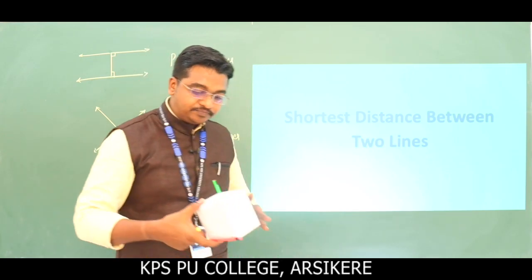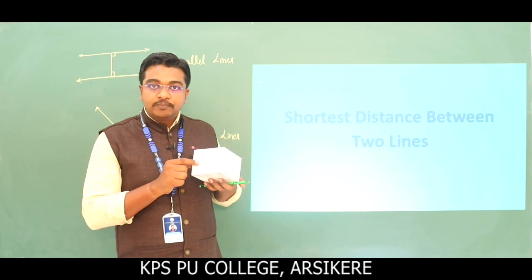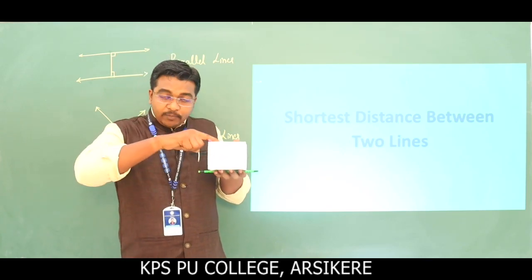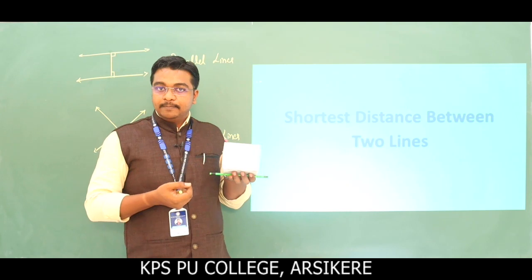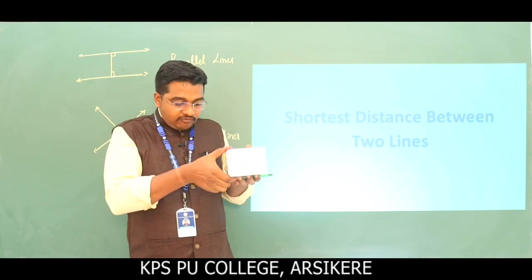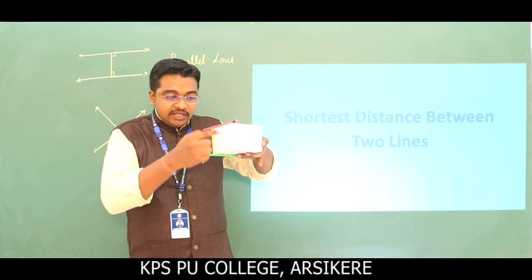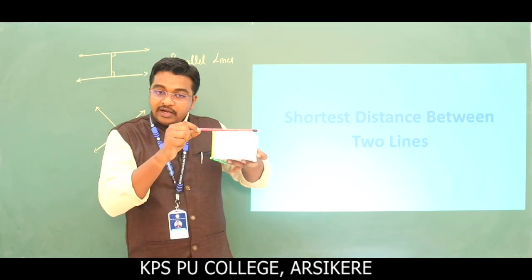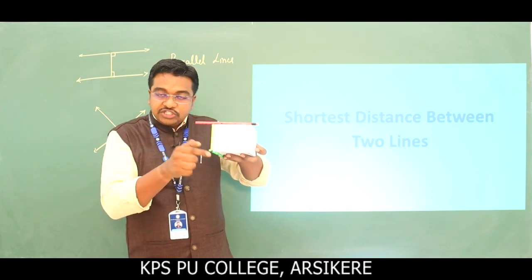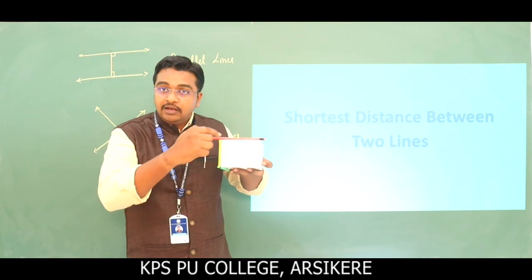Just remember here. This is the 3-dimensional space, this is the cube. Suppose here is one plane, here we have another plane. This line is passing through this plane and we have a second line passing through another plane. Obviously, these two are non-intersecting and they are not parallel, right?